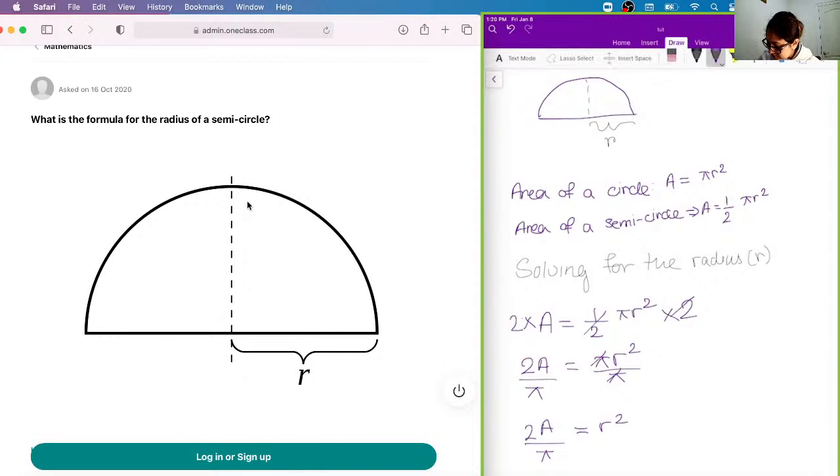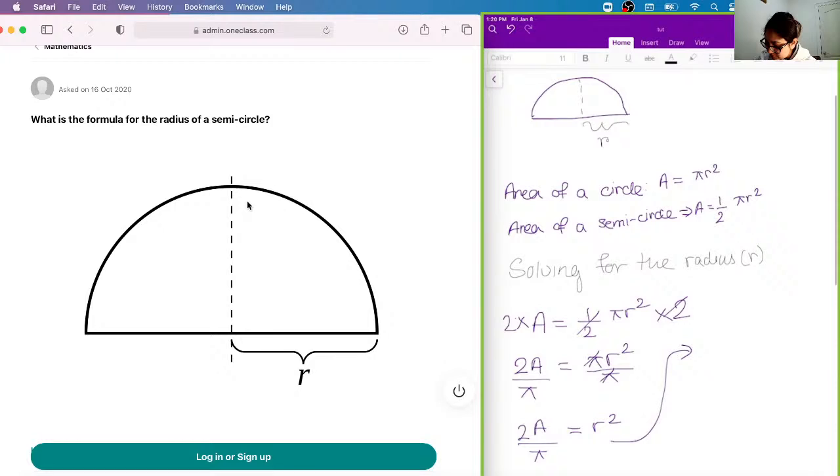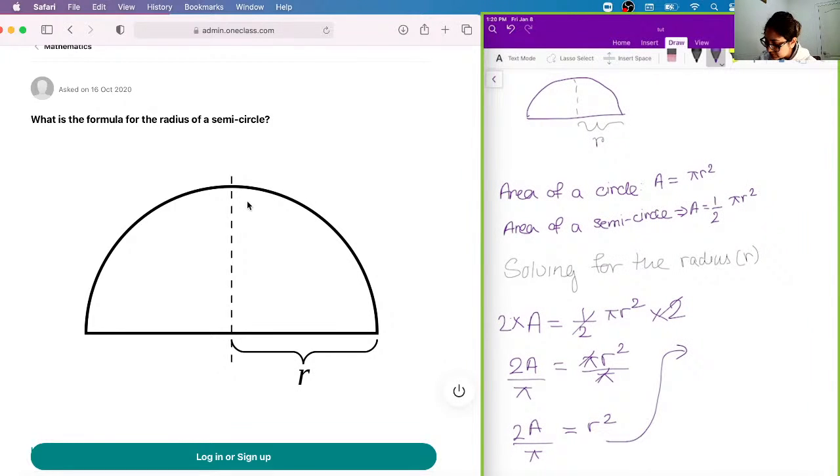Since we haven't isolated r quite yet, we have r squared. To do that, we have to get rid of the square, and we do that by taking the square root of both sides, since it's the inverse of square, so inverses cancel each other out.